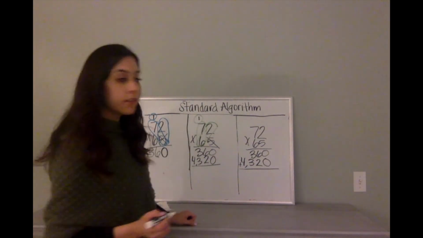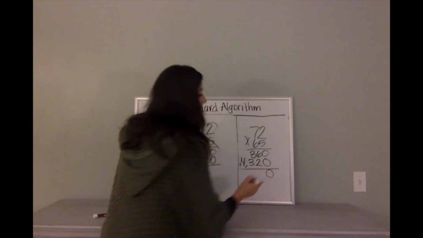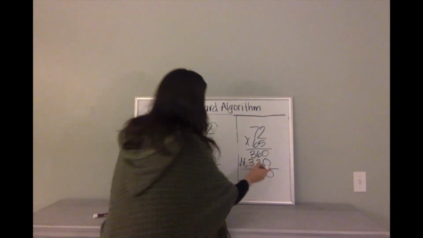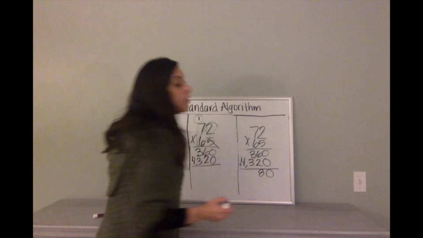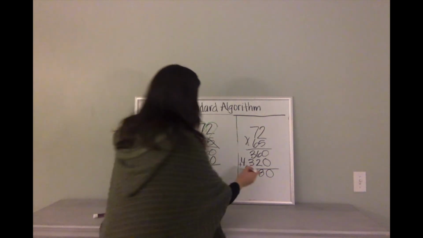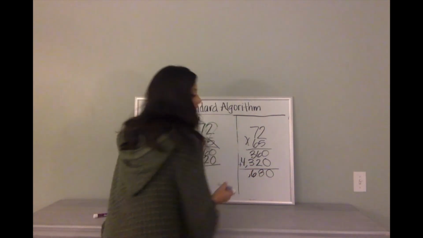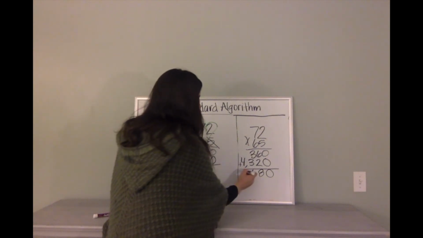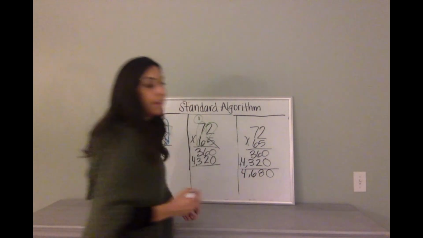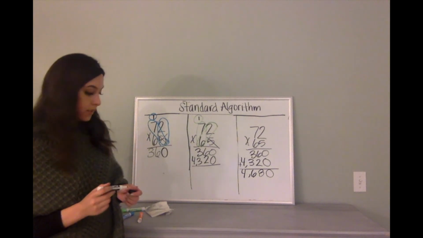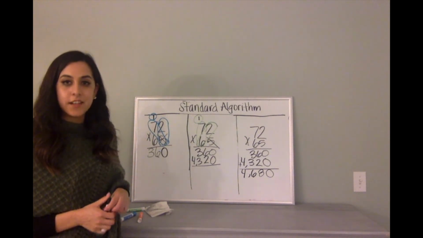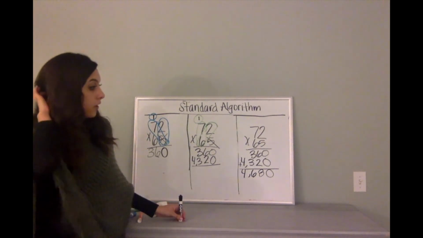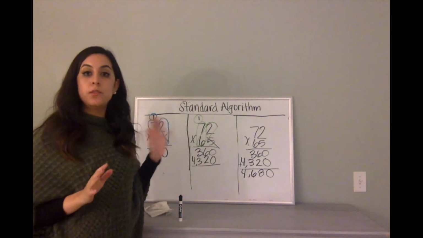So 0 plus 0 is 0. 6 plus 2 is 8. 3 plus 3 is 6. And then we bring down the 4 because there's an imaginary 0 here. 0 plus 4 is 4. And that is how you get 4,680 as your answer.